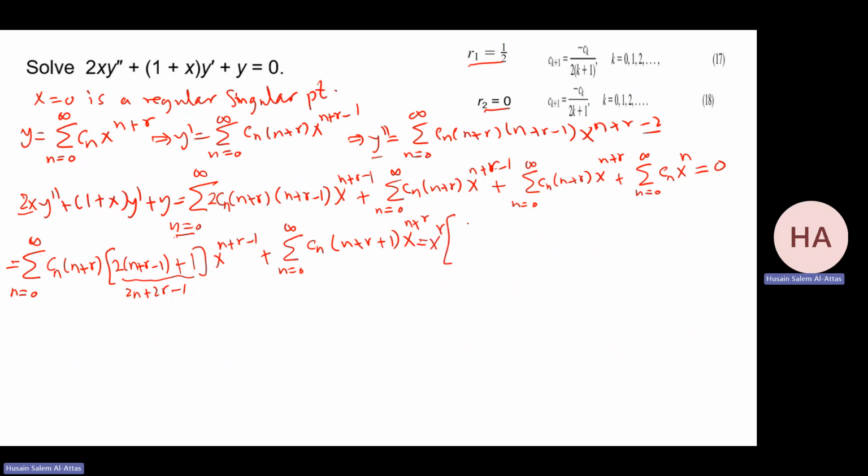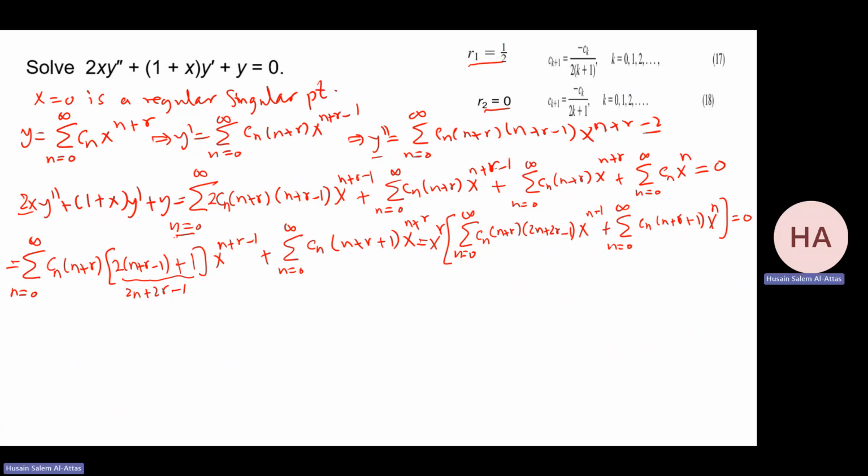So I have summation n equals 0 to infinity of Cn, n plus r, times 2n plus 2r minus 1, x to the power n plus r minus 1, plus, don't forget I got rid of x to the power r, so this is n minus 1, plus summation n equals 0 to infinity of Cn, n plus r plus 1, x to the power n. This is equal to 0.